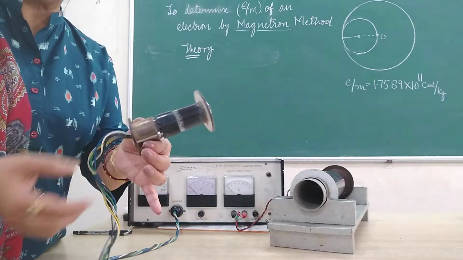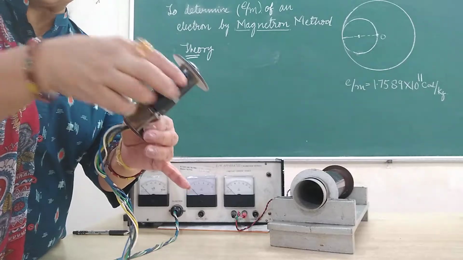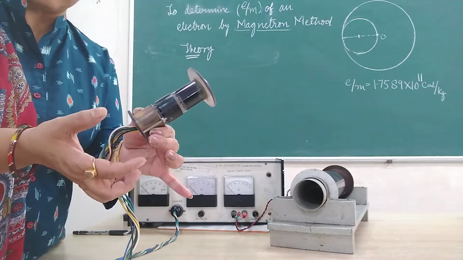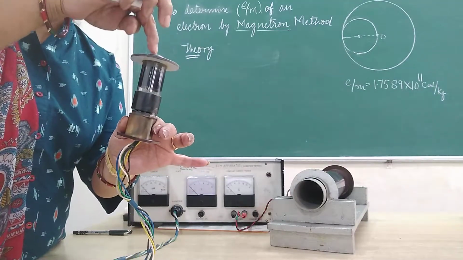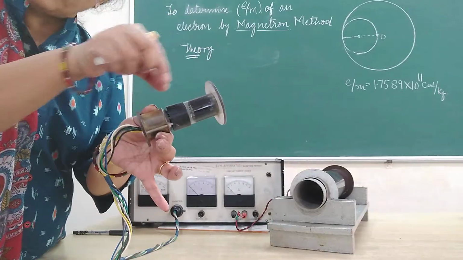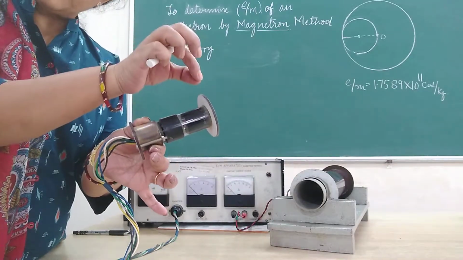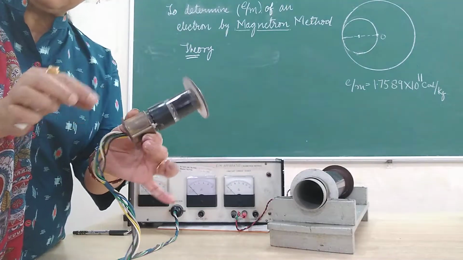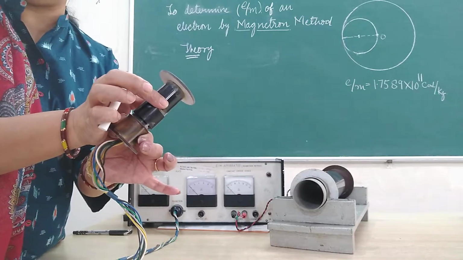This is a magnetron, it is a thermionic valve. The electron emission takes place by thermionic emission. The cathode is in the form of a wire which is kept along the axis of the cylinder, and this cylinder itself behaves as the anode.